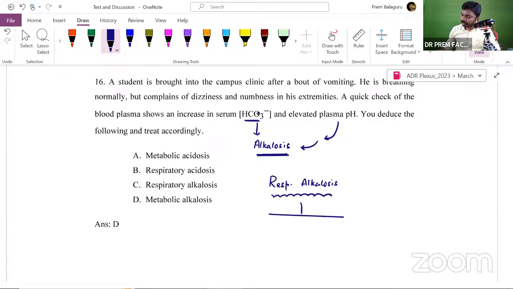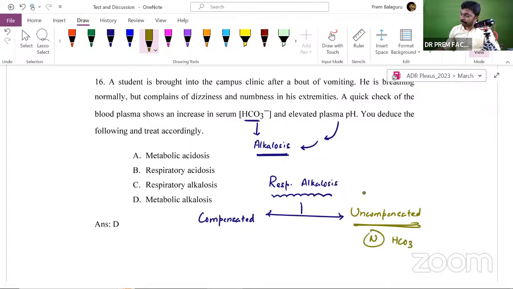We can have respiratory alkalosis in two different dimensions. One, compensated respiratory alkalosis. Number two, uncompensated respiratory alkalosis. In case of uncompensated respiratory alkalosis, there is going to be normal bicarbonate. In case of compensated respiratory alkalosis, you're going to see a drop in bicarbonate.